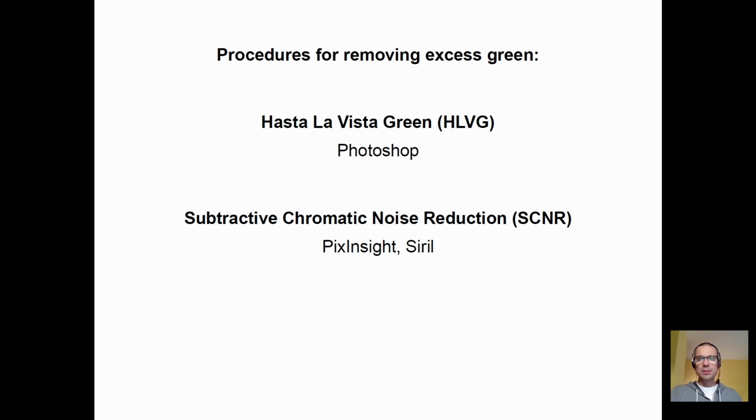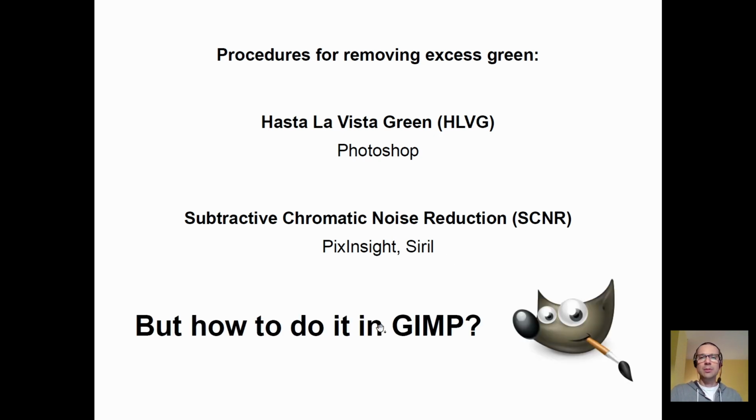But the question arises, how to do it in GIMP? Can you remove excess green in GIMP as well? Well, the answer to this question is yes, you can do it in GIMP. But first, we need to understand how these processes work.